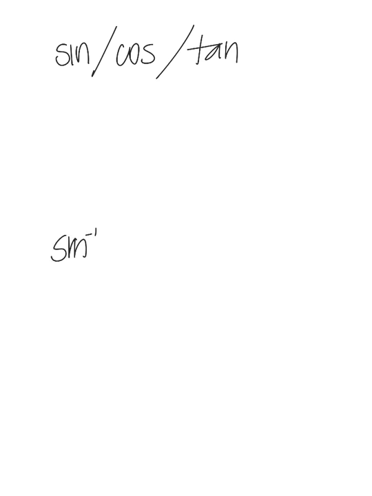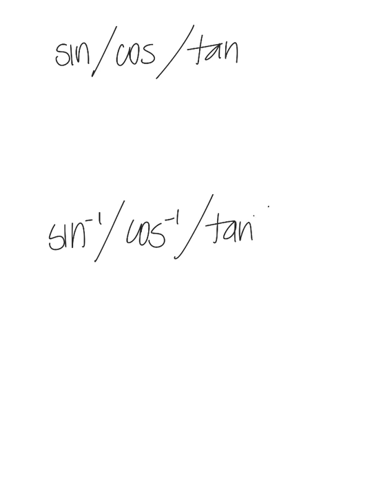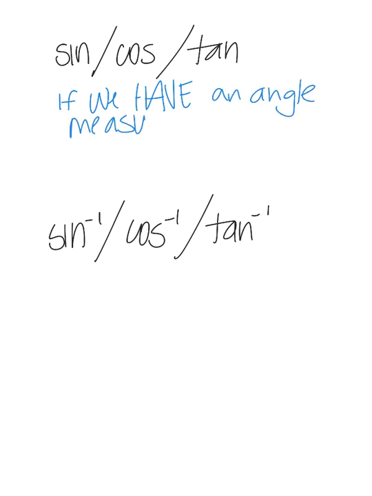So the important thing to keep in mind is when to use sine, cosine, or tangent versus when we use the inverse of sine, the inverse of cosine, and the inverse of tangent. So we use sine, cosine, and tangent if we have an angle measure, meaning that we want a side length.